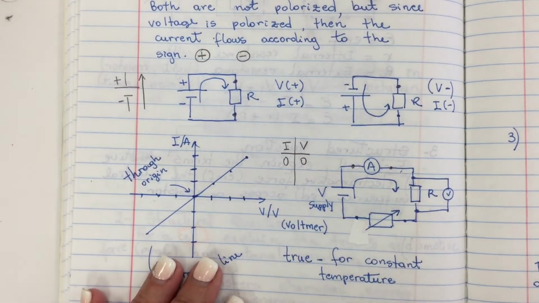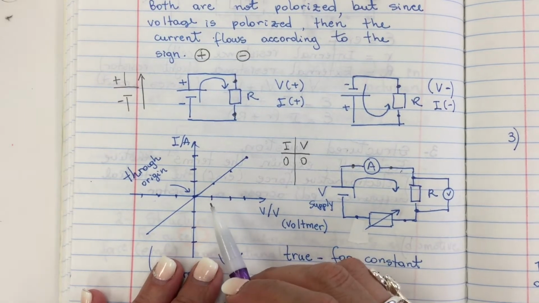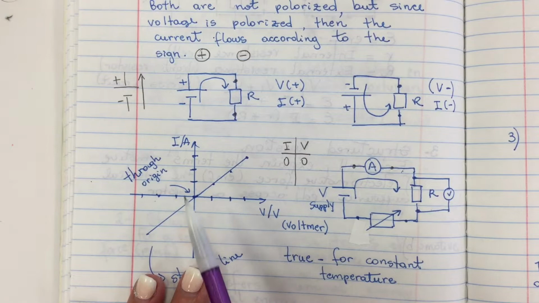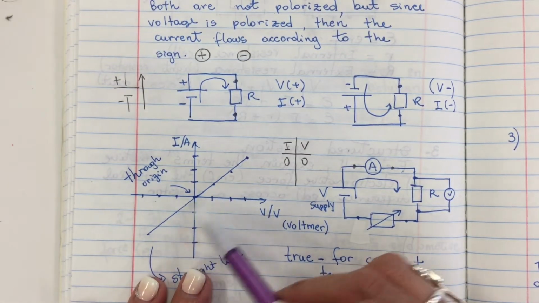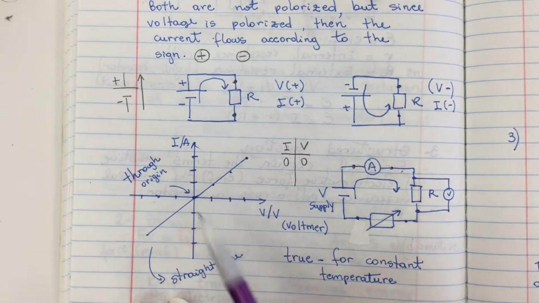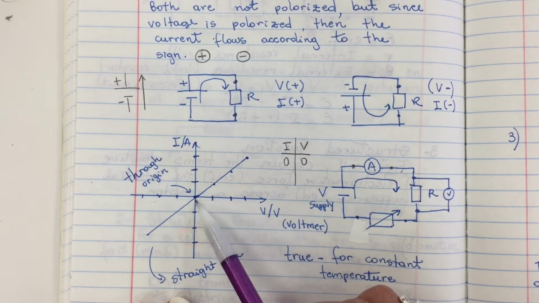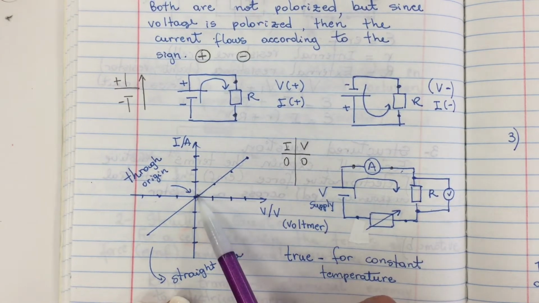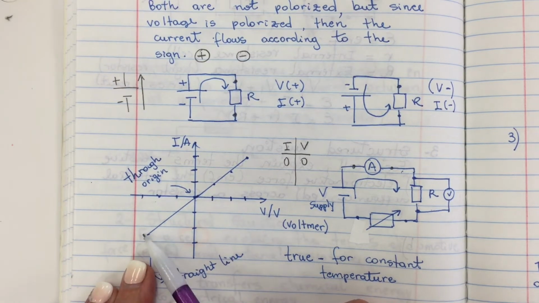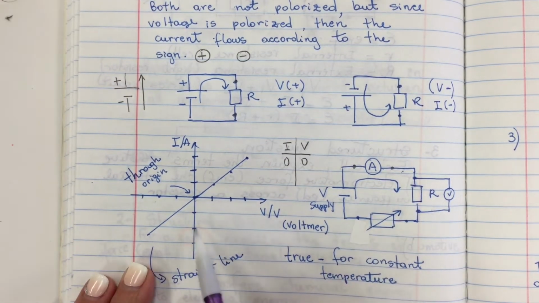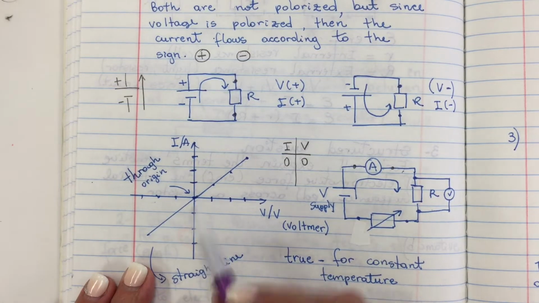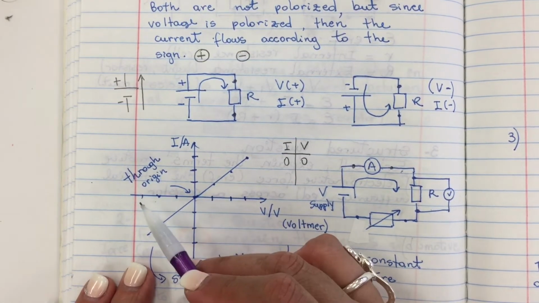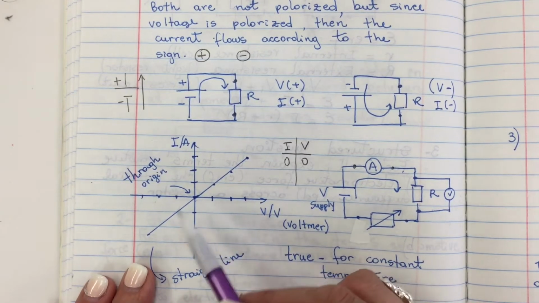So this graph would look like this for a resistor. The IV characteristic for a resistor is that the graph is a straight line passing through the origin, which means no voltage, no current. And on the other side here, negative voltage, the current is going to flow in the opposite direction.